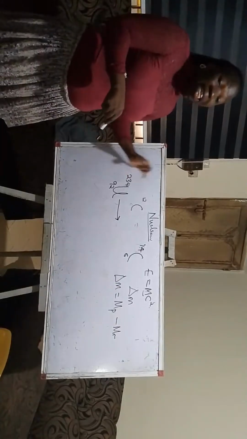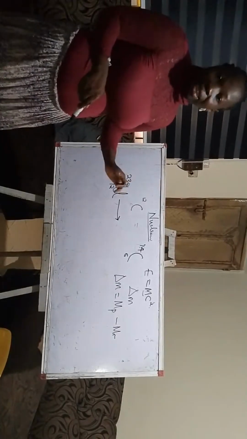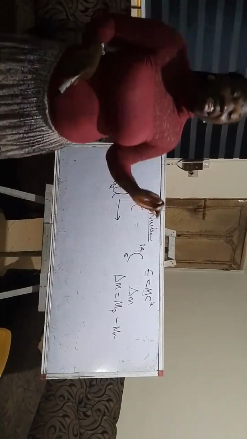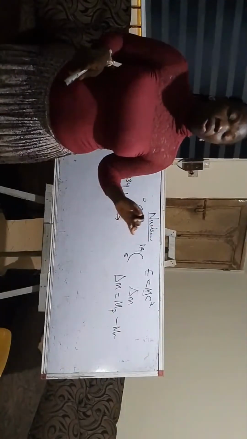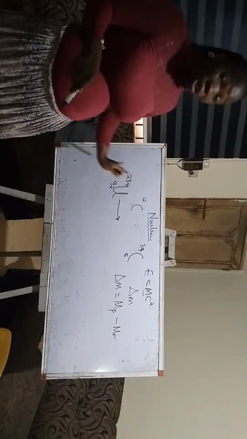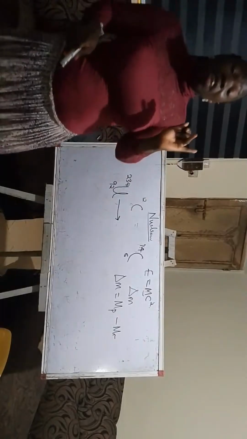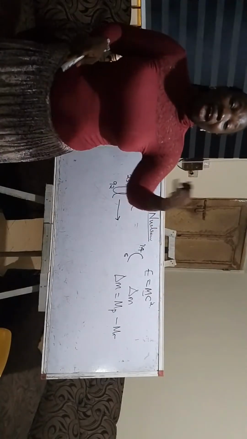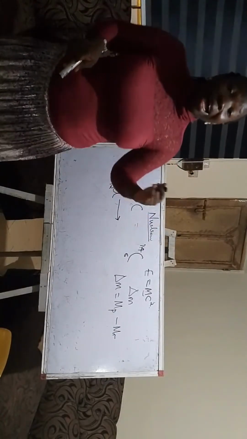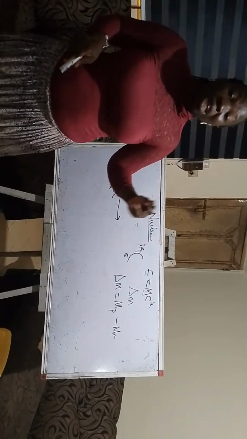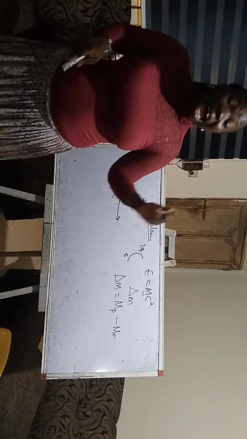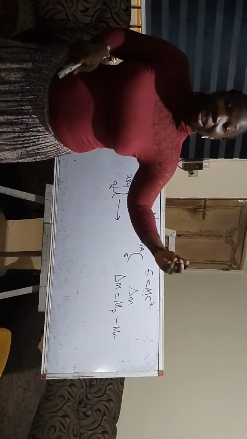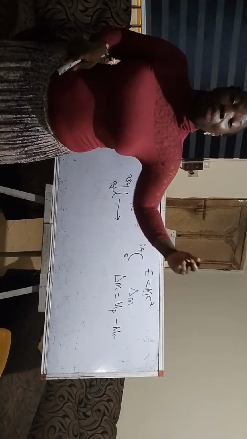Any element that is above 80 in atomic number is assumed to be unstable. If those elements are above 90, we say they are unstable. And if they are unstable, it means radiations can occur. It means spontaneous reactions can occur, and this spontaneous reaction can keep on emitting rays until we get to a stable element.